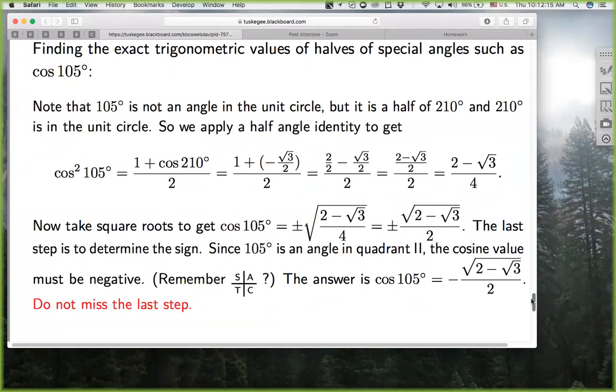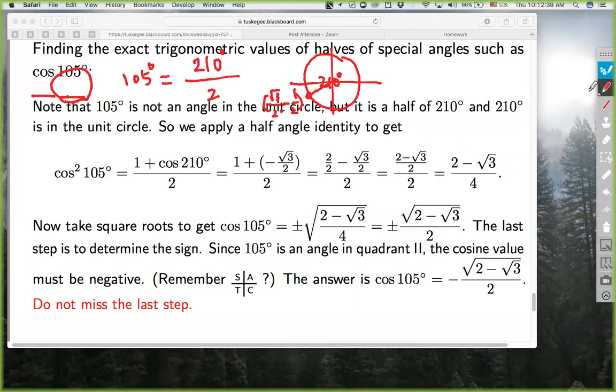So I didn't write the square root part right now, but the squared value goes like this. And I wrote the square root here with plus minus signs. So let's just work out the fraction part first.